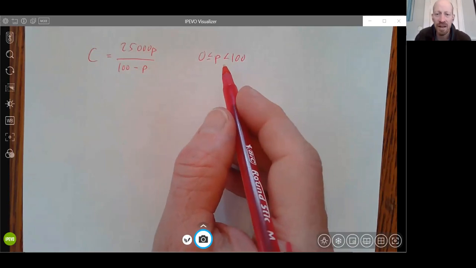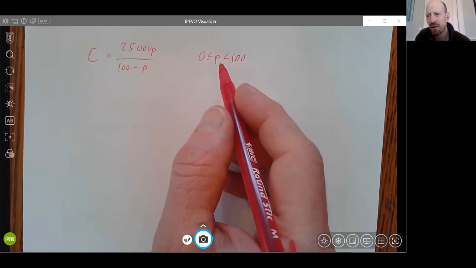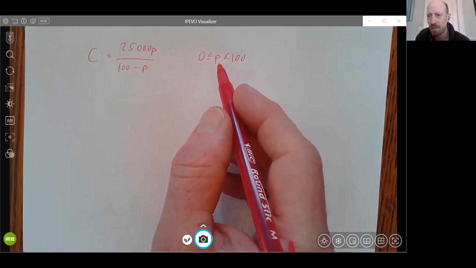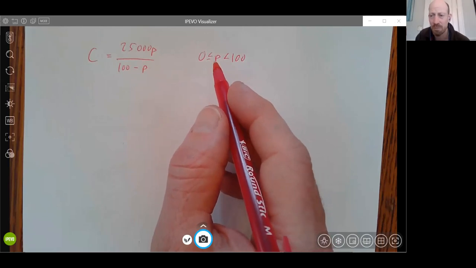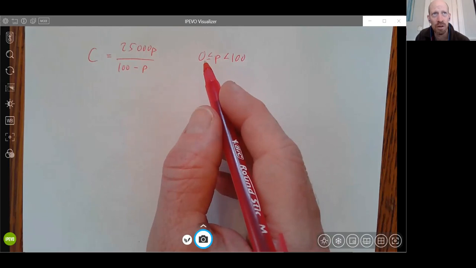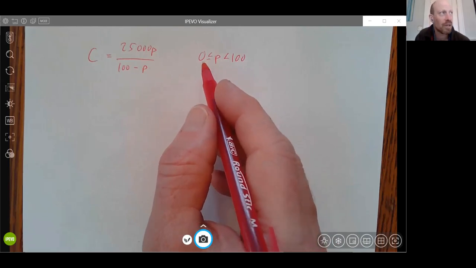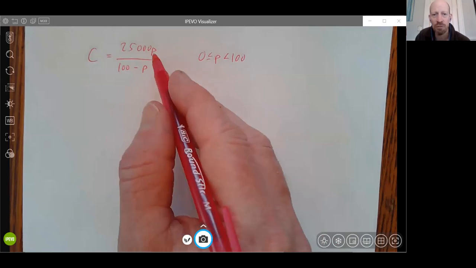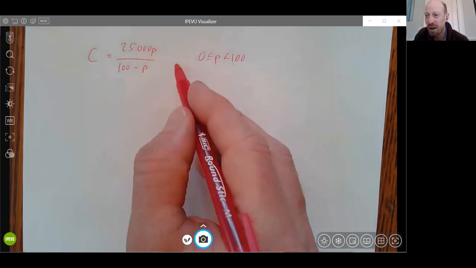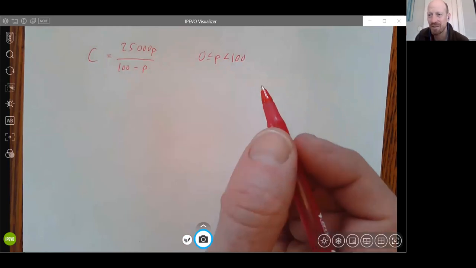I've seen this one before, but I wanted to make sure it makes sense with my thinking. So I thought to myself, what if I give 0% of the population recycling bins? If P equals 0, then I get 0 over 100, which is 0, which is right. It shouldn't cost me any money to give nobody recycling bins.